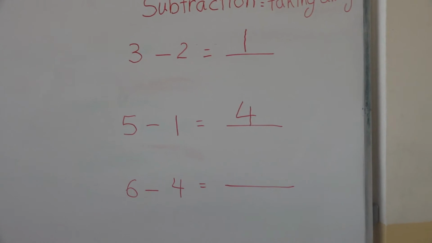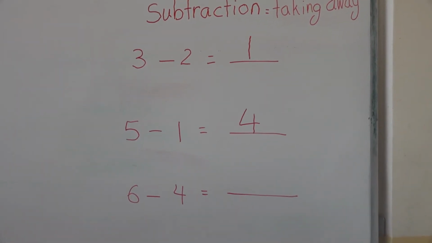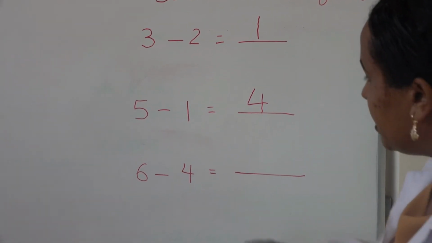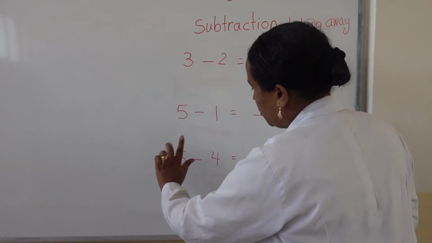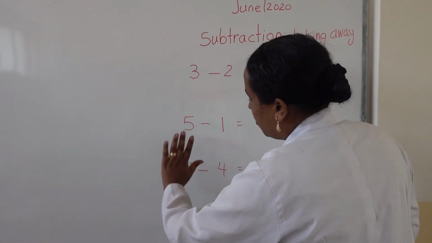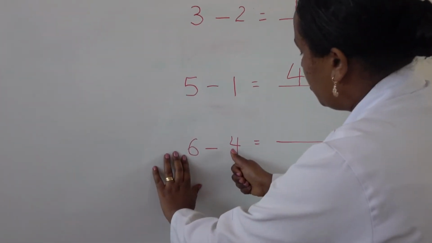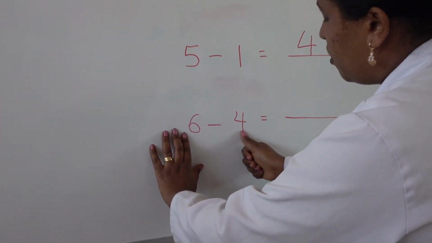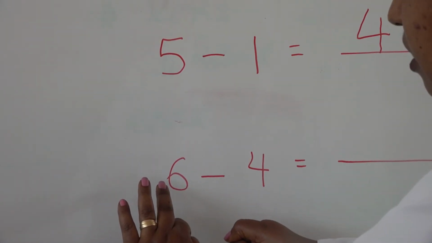Very good. Okay. What is this number? It's 6. Yes? So we're going to prepare 6 fingers. 1, 2, 3, 4, 5, 6. Right? So we're going to take away 4 of our fingers. 1, 2, 3, 4.